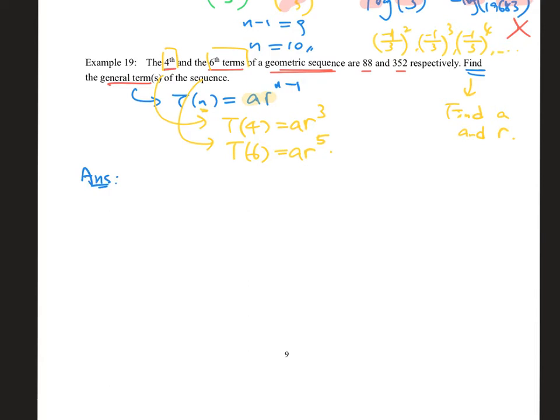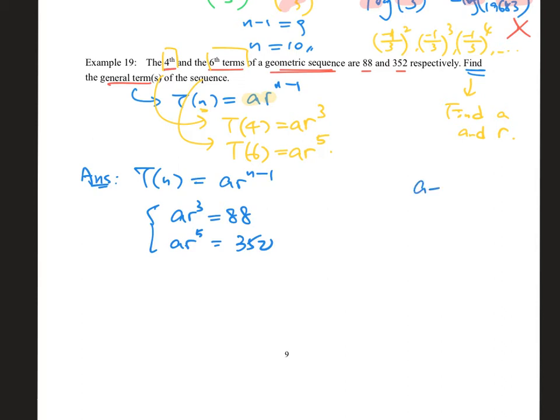To start the question, you can still write Tn is a r to the power n minus 1 first. Afterward, according to the information, you've got a r cubed equal to 88 and a r to the power 5 equal to 352. These are the two pieces of information given to you, and you are going to use these two equations to find two unknowns.